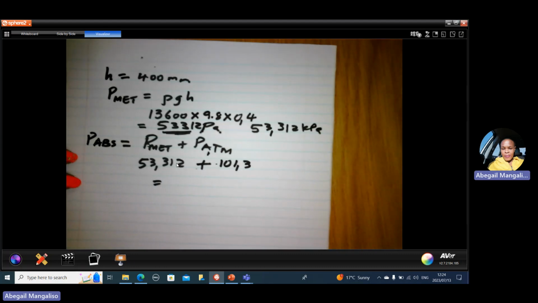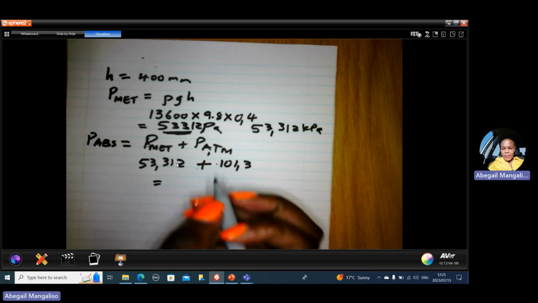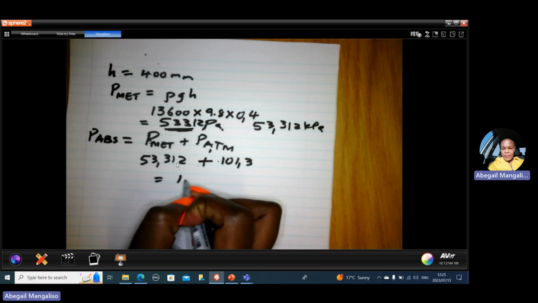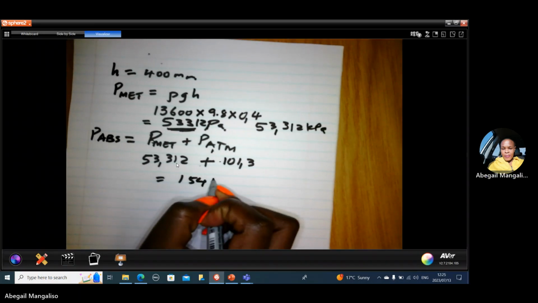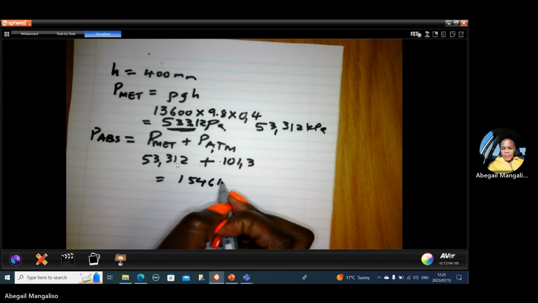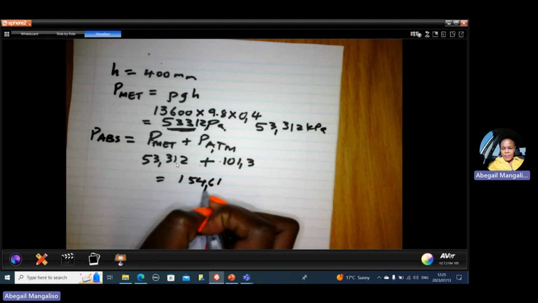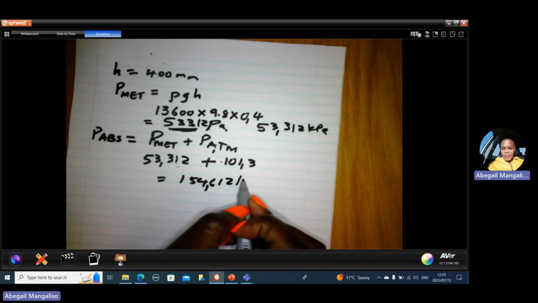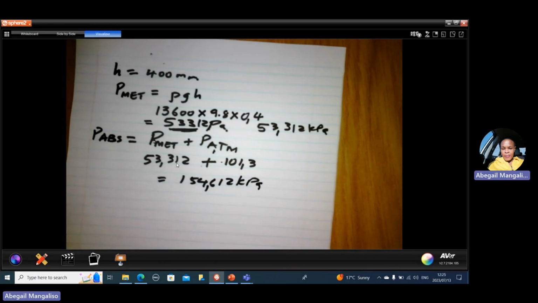You use your calculator to add the two. It is 154.612 kilopascals. So the question says calculate it in kilopascals.